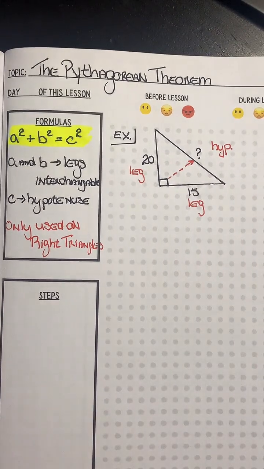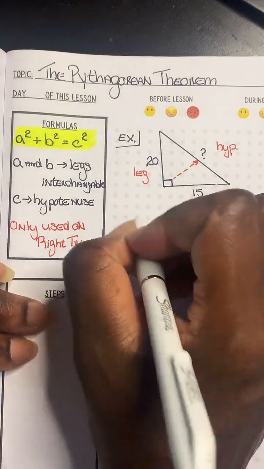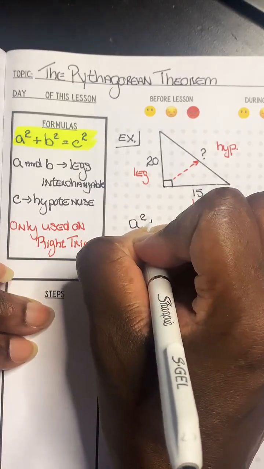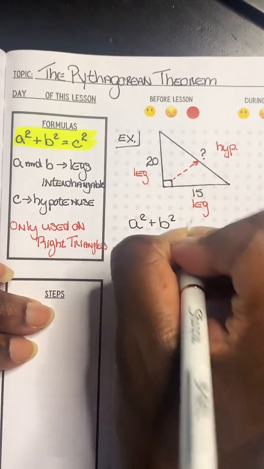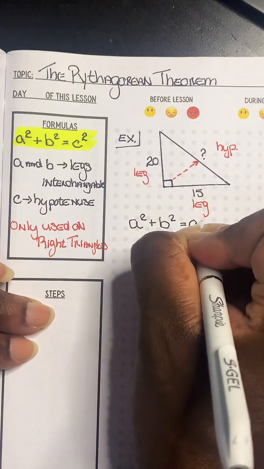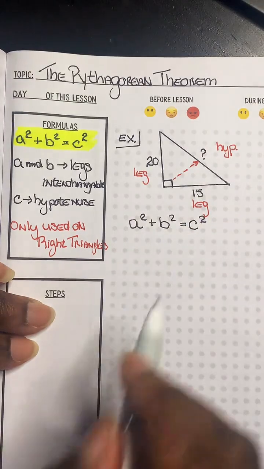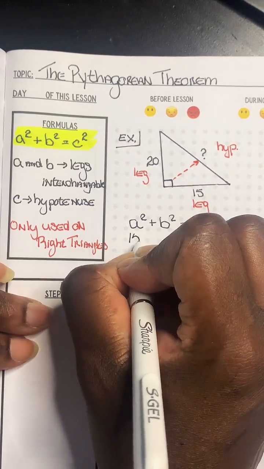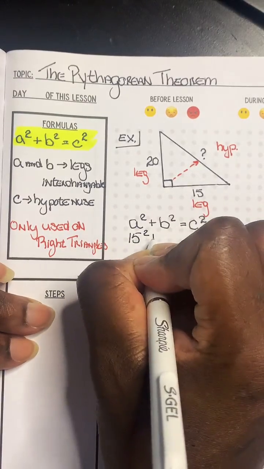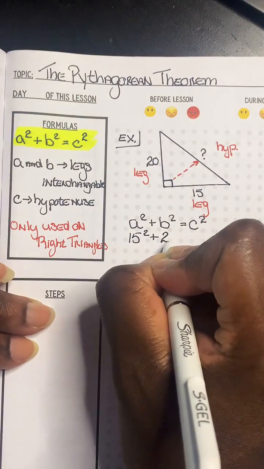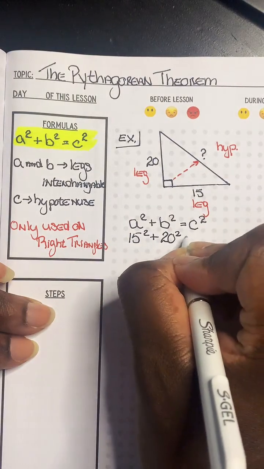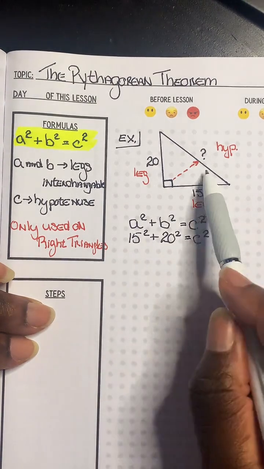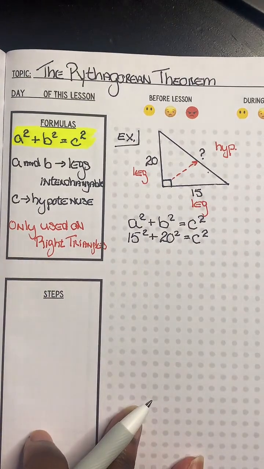So when we go back to the formula, it's A squared plus B squared equals C squared. Let's say 15 will be my A, 20 will be my B, and C squared is what we're looking for, because notice we have the question mark for the hypotenuse.